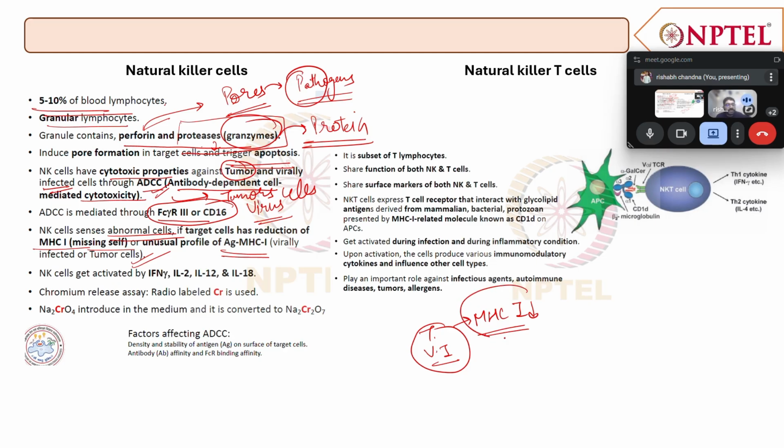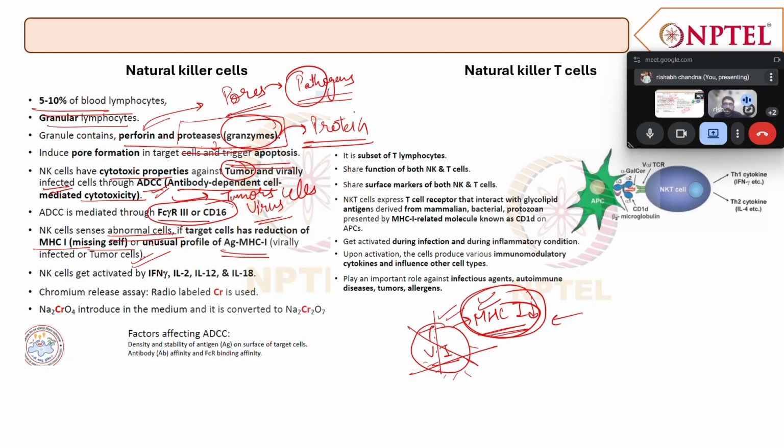MHC1 is a marker of disease. So they check these MHC1 levels on the cell surface, and directly target those cells that have reduced amounts of MHC1, and any unusual profile of MHC1. Now these cells will release perforin and granzyme and will kill this particular cell. So this is how an NK cell acts.